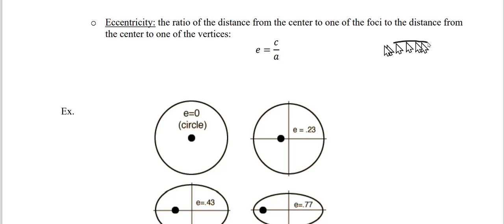What we are talking about in your ellipse here, if this is your center, this distance we call A, out to the focus, we call that C. This E is the ratio of C to A. It's the percentage of the distance from the center to A that the foci lies, in decimal form.